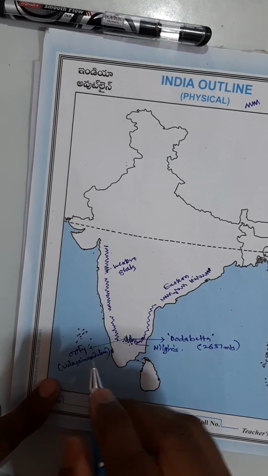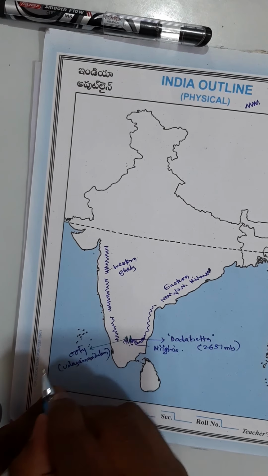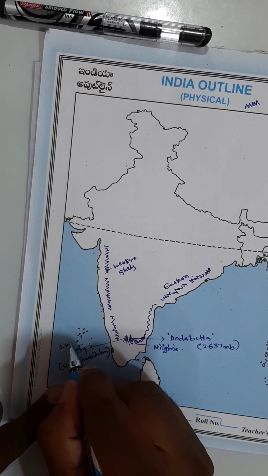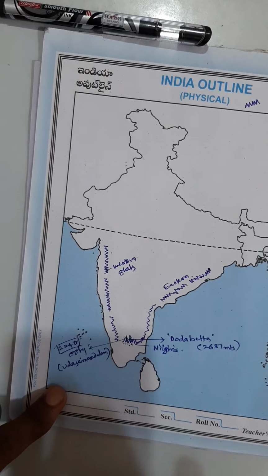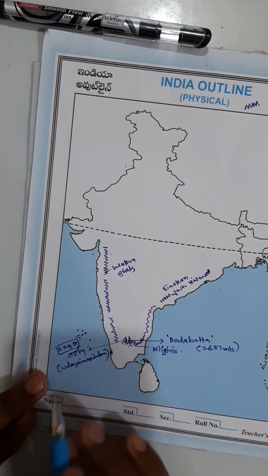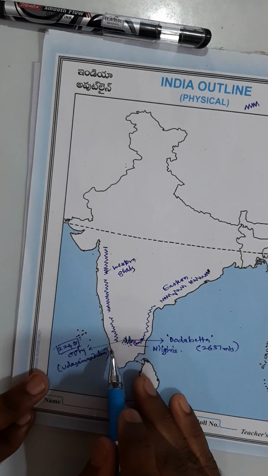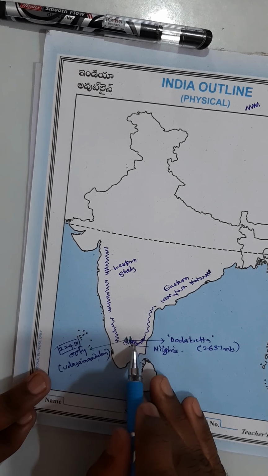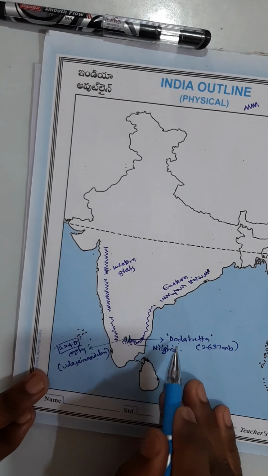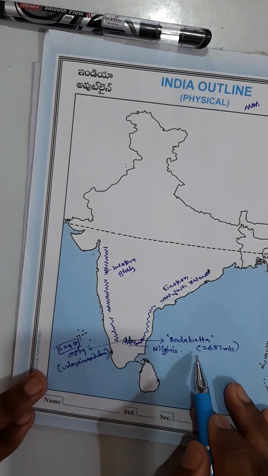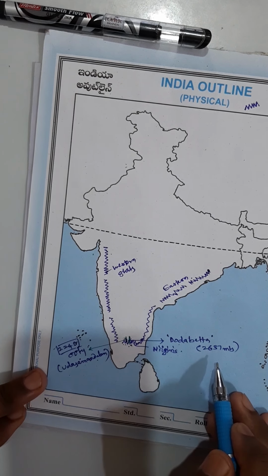Its height is somewhere around 2240 meters. Nothing to do with the height of Ooty, no one is going to ask you the height of Ooty here. Udagamandalam is another name of Ooty, located in the same Nilgiris, just beside the highest peak Dodabetta. Dodabetta is the highest peak in Nilgiris, 2637 meters is the height.